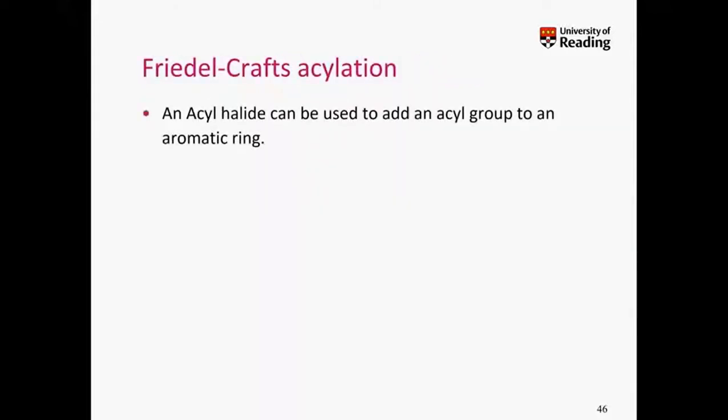So the last thing we're going to do on this bit is forming a Friedel-Crafts acylation. It's going to be doing the same kind of things, okay? What that means is we're going to take a benzene ring and we're going to add a carbonyl-like compound.